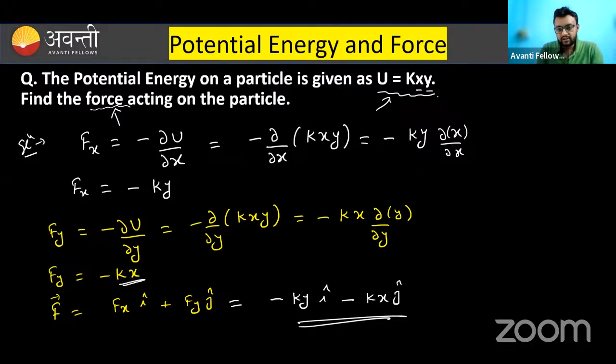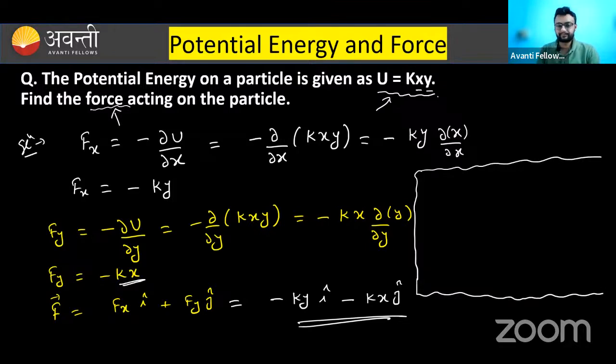And we know a relation. This is not part of the numerical; this is something extra we are going to do. What we have learned, dU over dx is equal to negative of F. That's what we have learned.